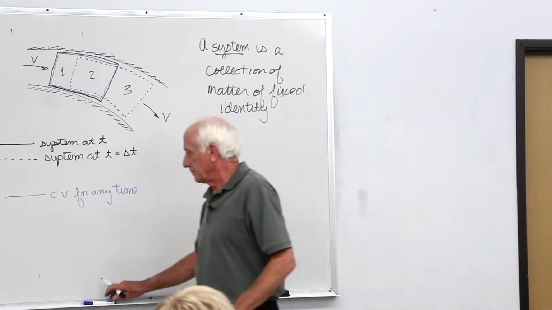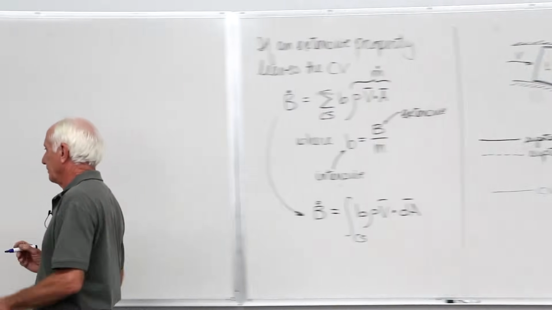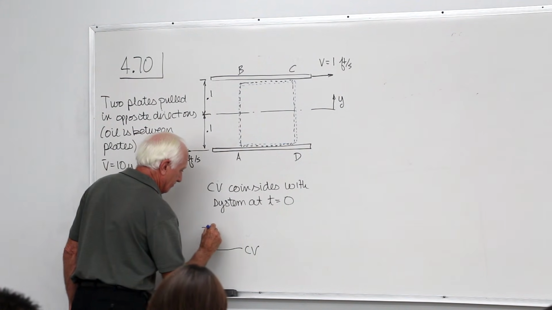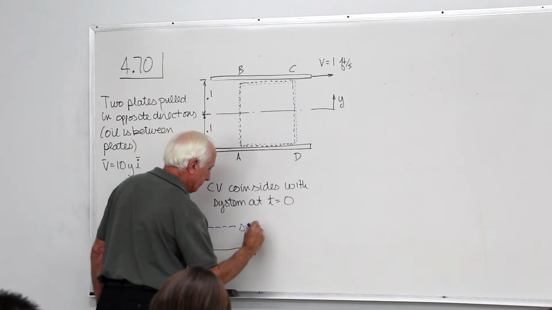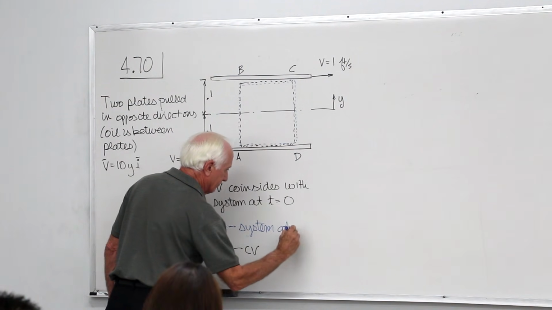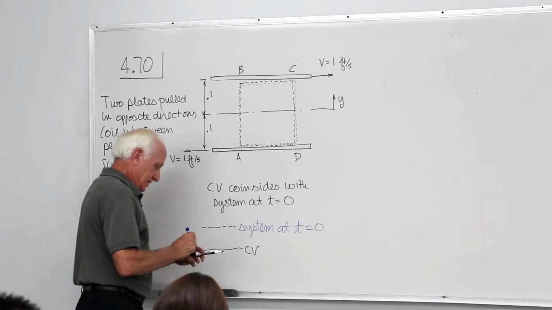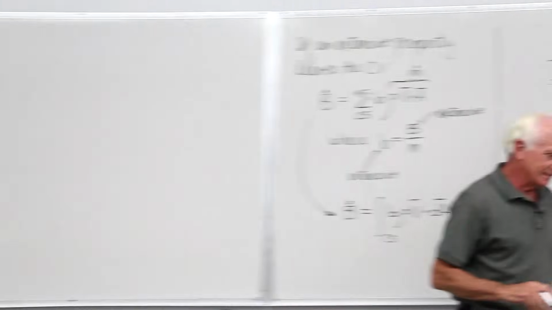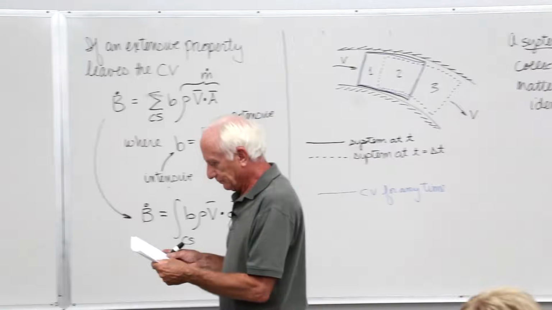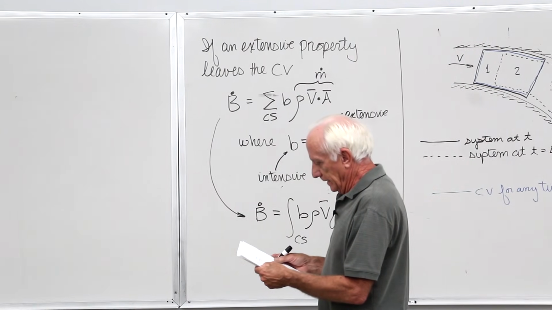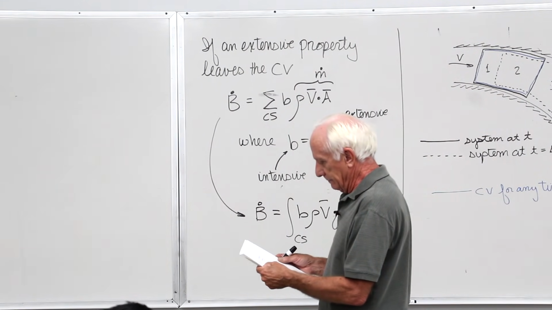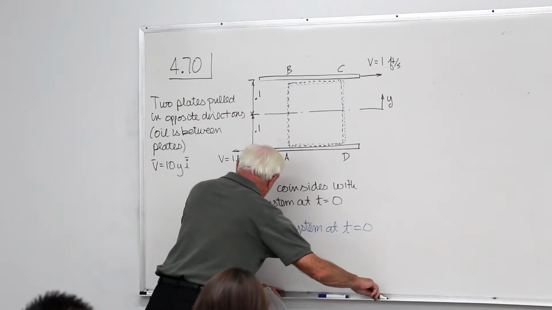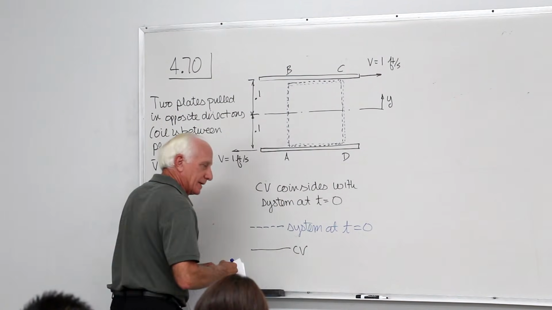Okay, that's still given. Keep reading. Indicate the system at time t equal 0.2 seconds. So the system at time 0.2 seconds.